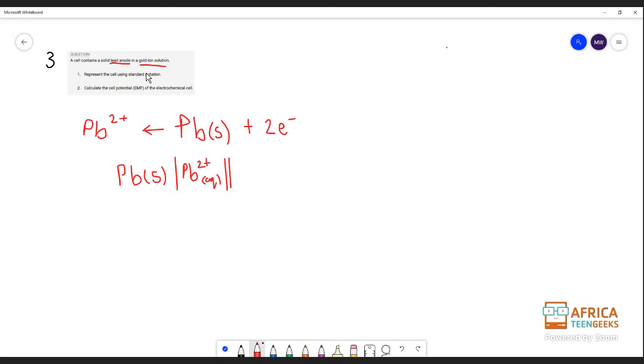And then for your gold, you've got a gold ion solution. In this case, it would most probably be Au3+. Okay, so you start off with an ion, it will gain electrons, and it will become a solid.